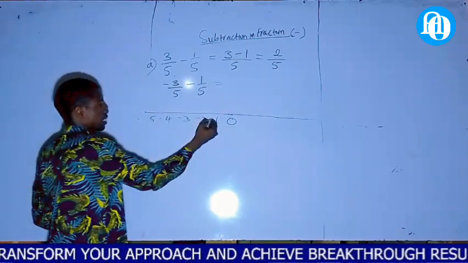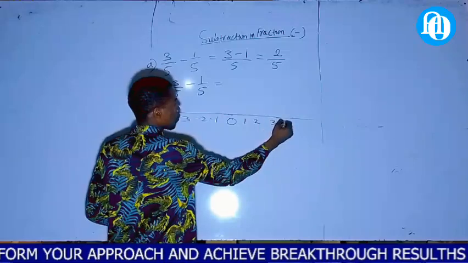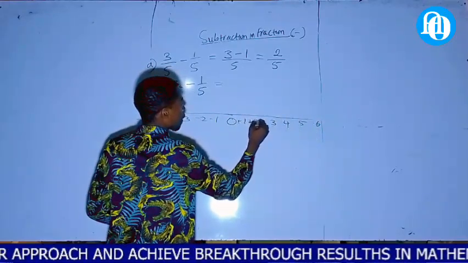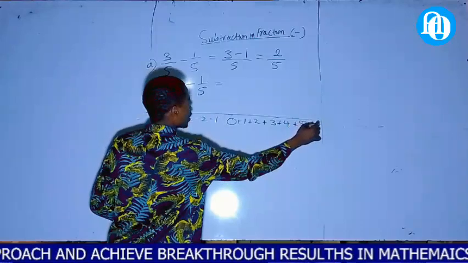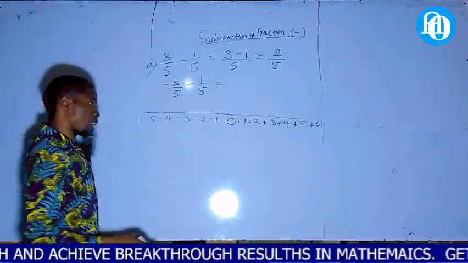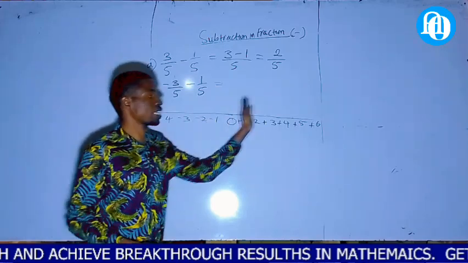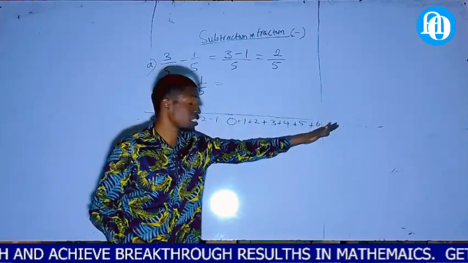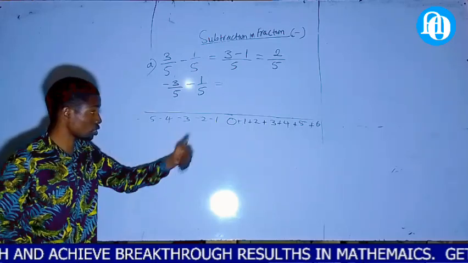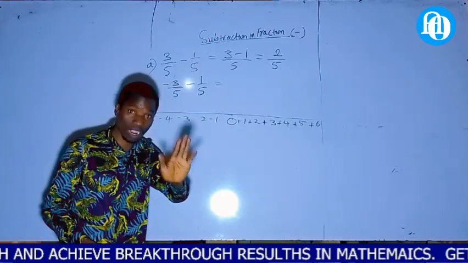This one is going on like that. This one is moving with a negative. This part is the negative side, and this part is the positive integer. We call this one negative integer. We are not doing integers, but I just want to explain how it works.